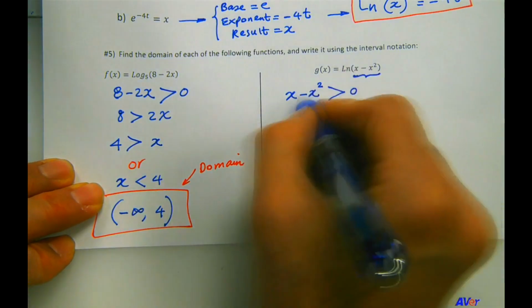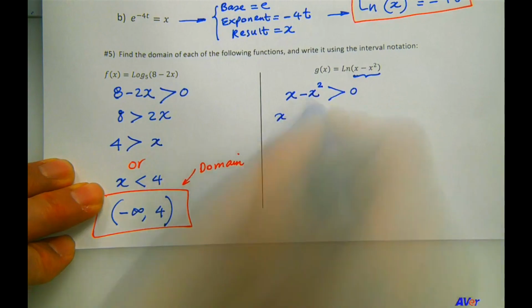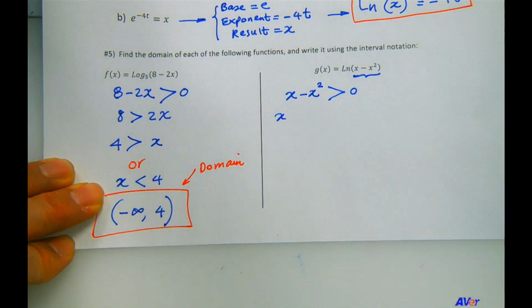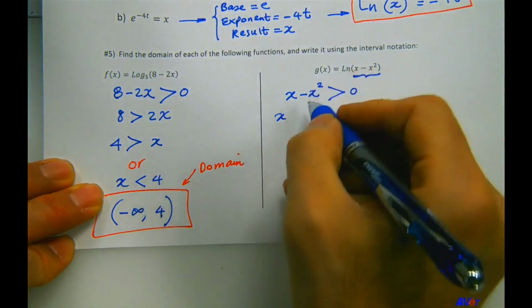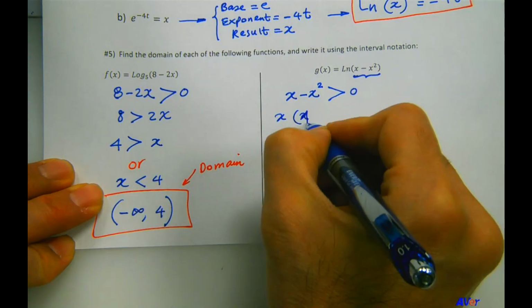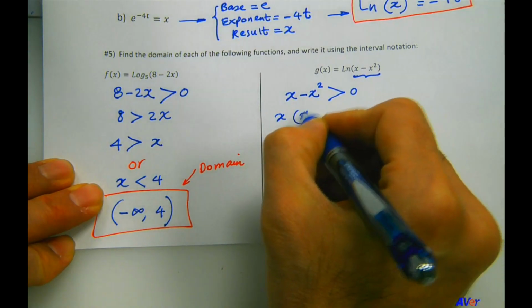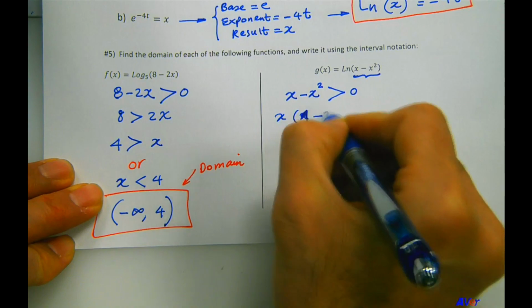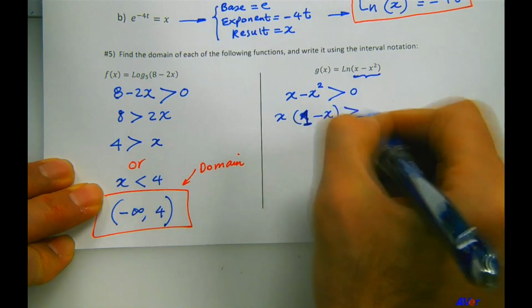Okay, so let's factor this out. This is a quadratic inequality. Remember quadratic inequalities? Remember what we did with those when we solved them several sections ago? x times (1 minus x) greater than 0.